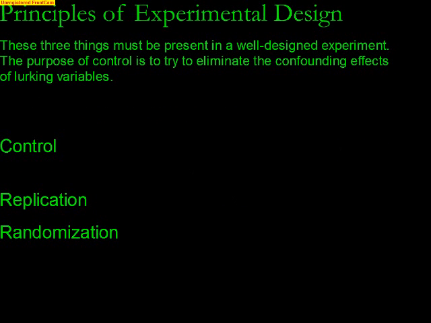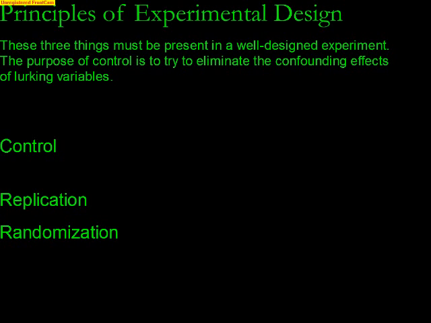Some more principles of experimental design, rather. I thought it was terms, but it's principles of experimental design, and there are 3 of them. The 3 principles are control, replication, and randomization. And these are the 3 things that you must have in a well-designed experiment.